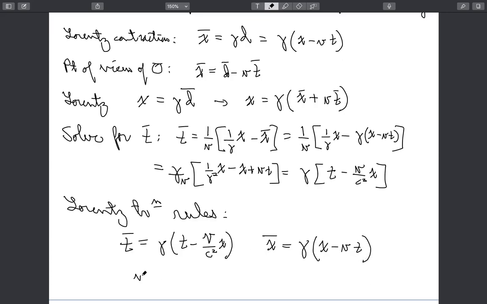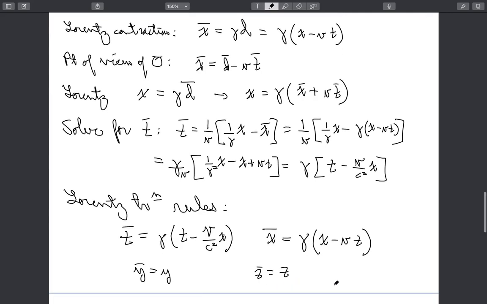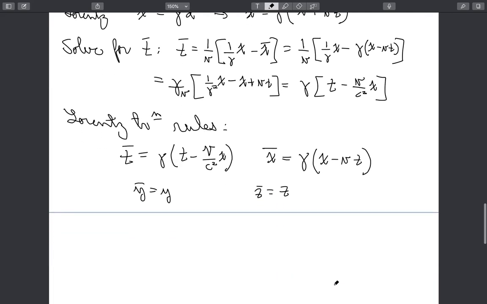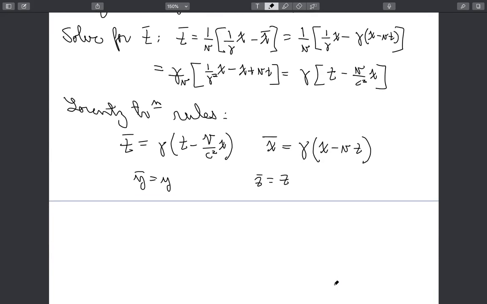Of course, the other coordinates are unchanged. I'm sure you are already familiar with these rules, but it's just a very quick re-derivation to warm you up again for what's coming, if you needed that.